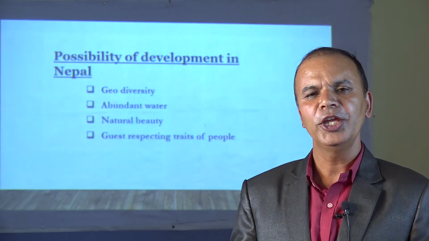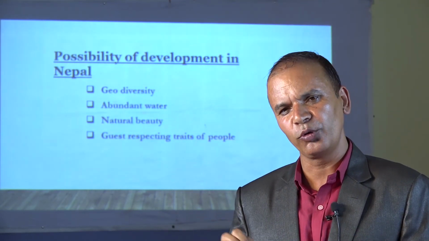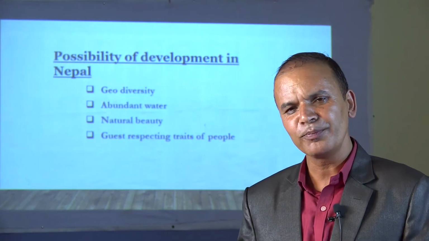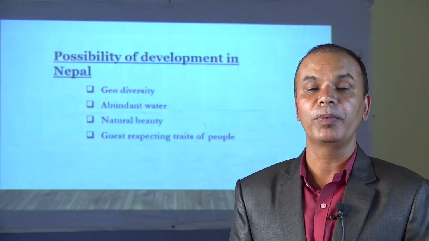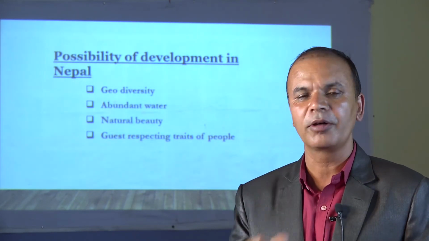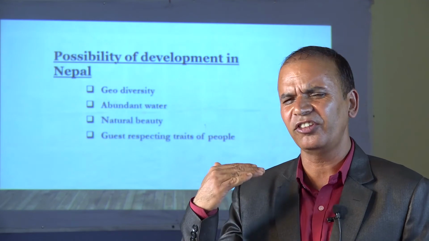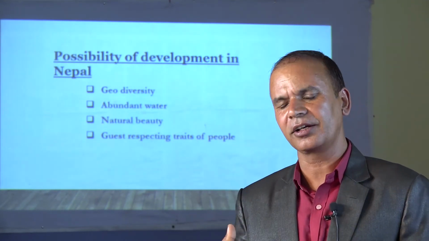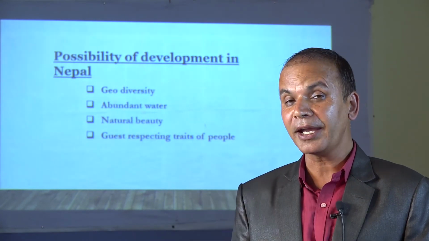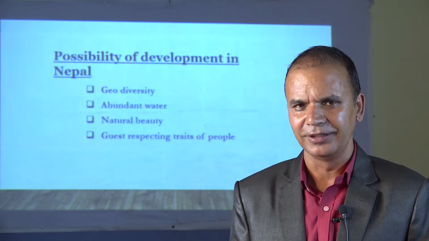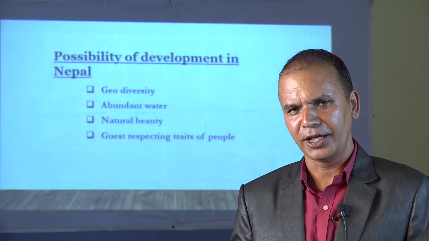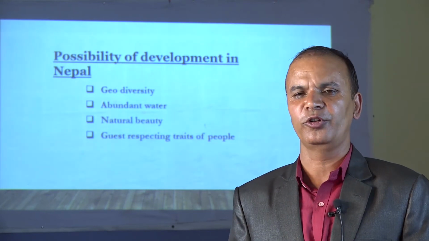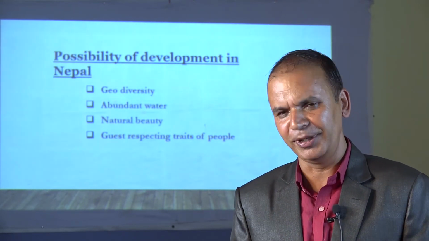If we use the resources for our economic growth, if we launch public participation or participatory development, if we have good planning, if we check the corruption of the country, if we make our government stable, then we can address the bountiful resources we have.